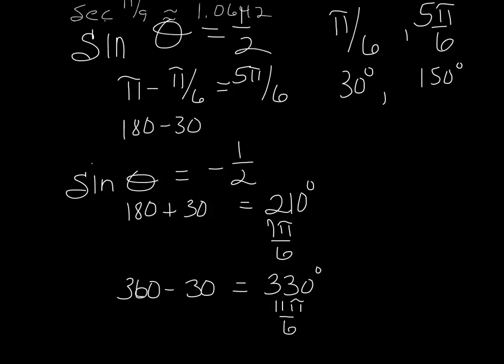He's just thinking of fractions. He knew it was 2 pi minus pi over 6. So not too bad. You just figure out what's the reference angle, and then based on which quadrant it's in, you can easily determine the angle.